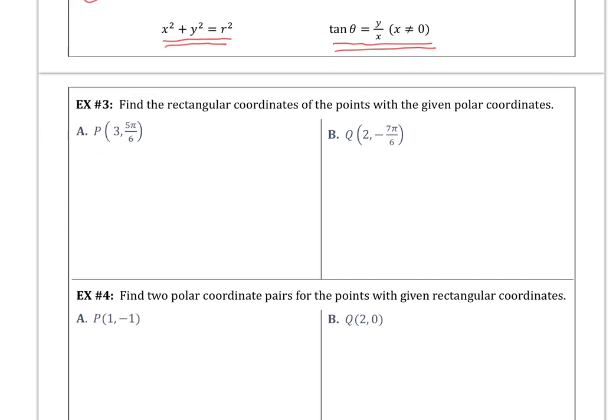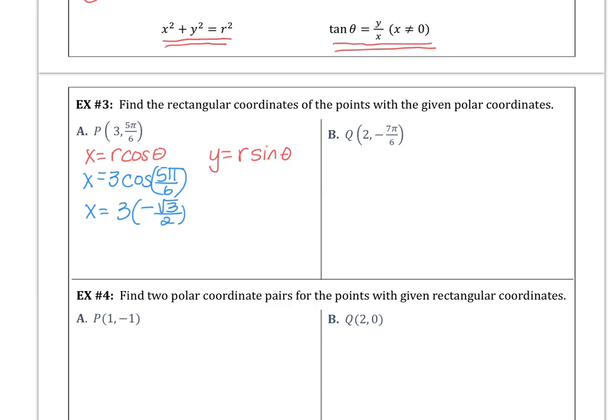We want to find the rectangular coordinates for the points that are given in polar coordinates. Well, we know x is r cosine theta, and y is r sine theta, and r is 3, and theta is 5 pi over 6. The cosine of 5 pi over 6 is negative square root of 3 over 2, so our x value will be negative 3 square roots of 3 divided by 2.